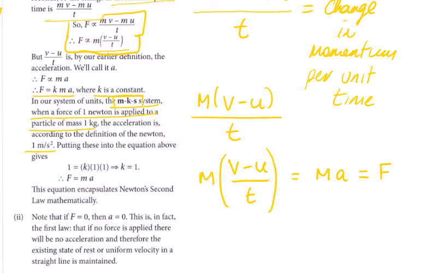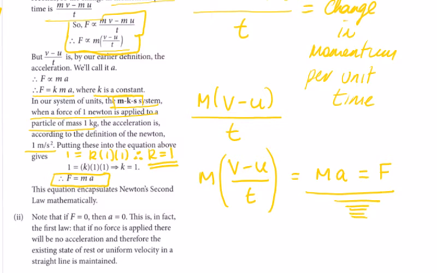Putting these into the equation above, we get 1 equals k times 1 times 1. So therefore, k in our system is equal to 1, which means that we end up with the equation that we've written already: F is equal to ma, which we're going to see a lot.